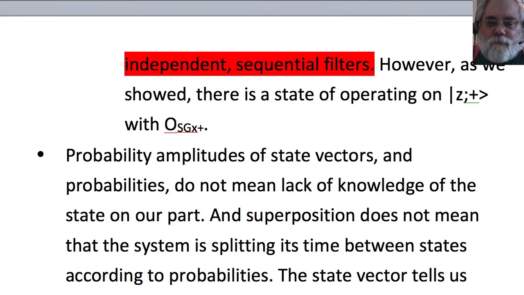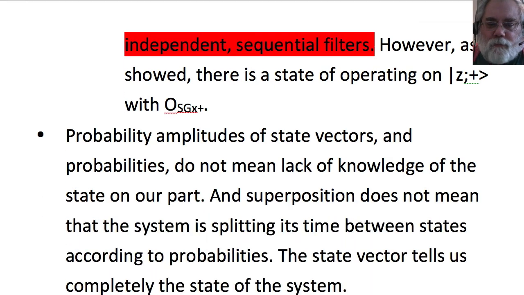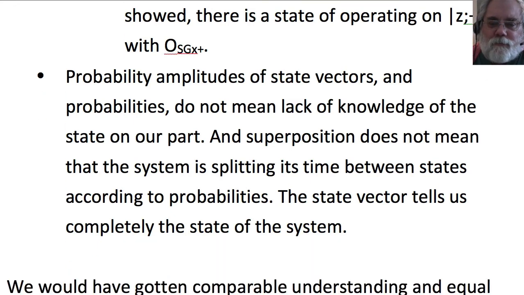Probability amplitudes of state vectors and probabilities does not mean lack of knowledge of the state on our part, and superposition does not mean that the system is splitting its time between states according to probabilities. The state vector tells us completely the state of the system, but it is a probability amplitude and has a probability.